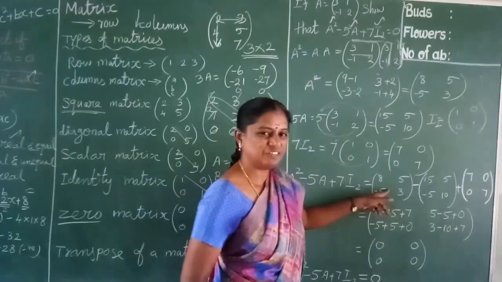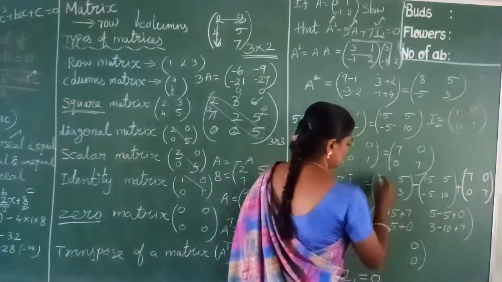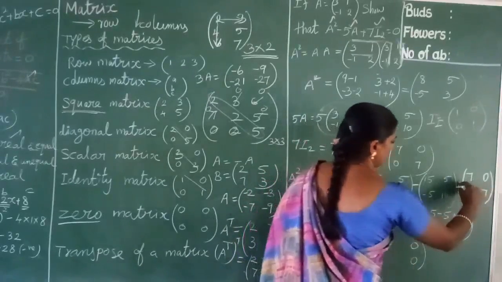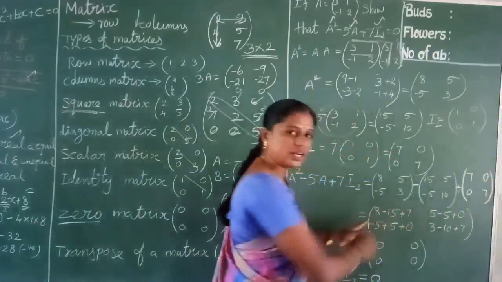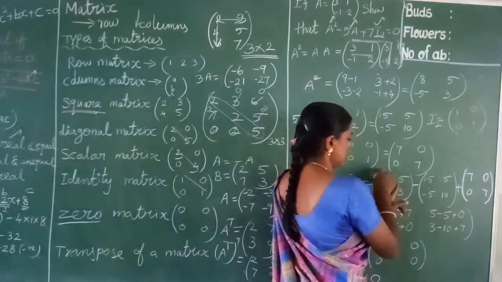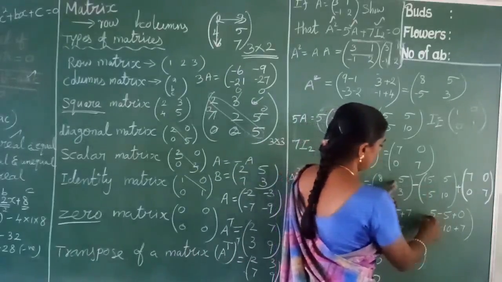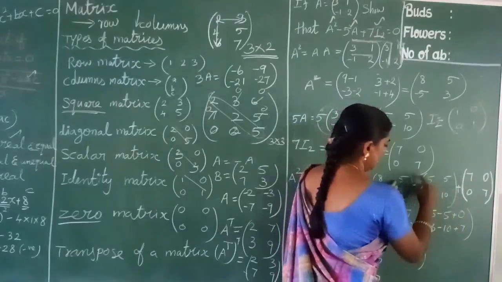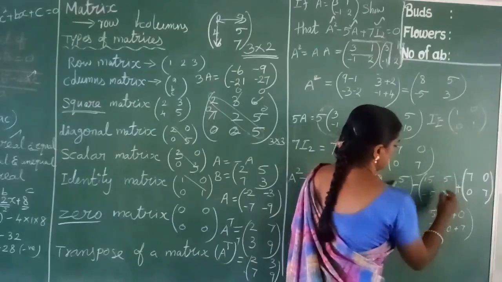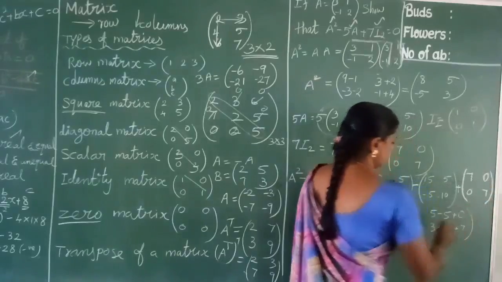Same sign means add, different sign means subtract. So here we consider three matrices. First place 8, minus 15, plus 7. Next, first row, second column place 5, and here minus 5, the minus inserted to all the elements, and here plus 0.